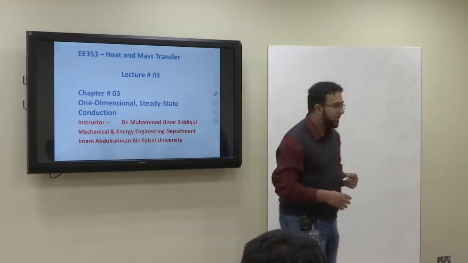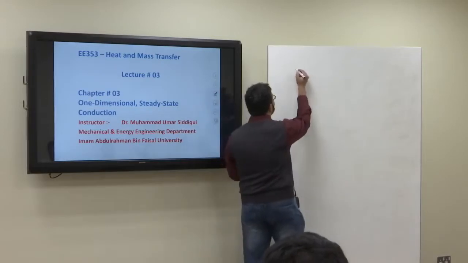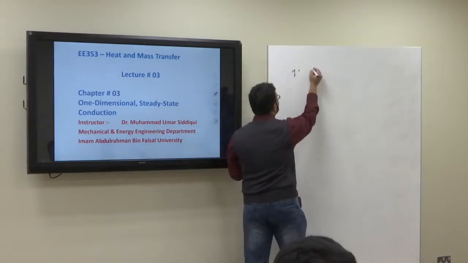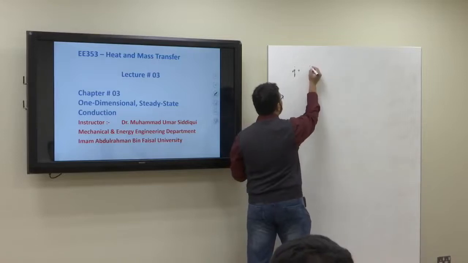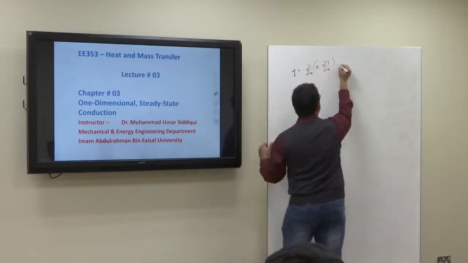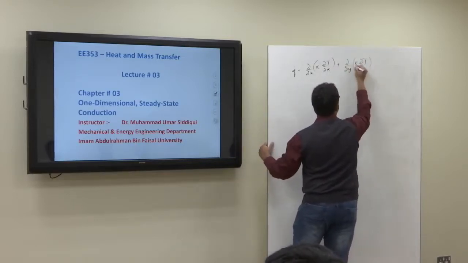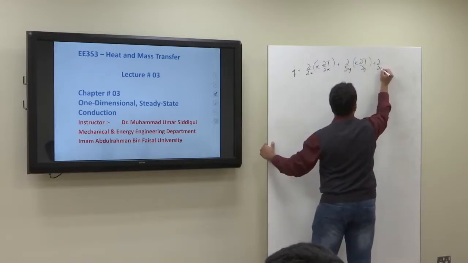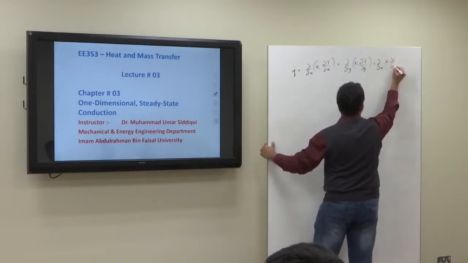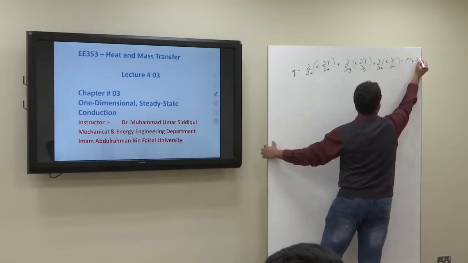Let's have a recap of just the equation. What was the equation? It was q dot plus ∂/∂x of (k ∂T/∂x), then ∂/∂y of (k ∂T/∂y), then ∂/∂z of (k ∂T/∂z), equals rho Cp ∂T/∂t, right?